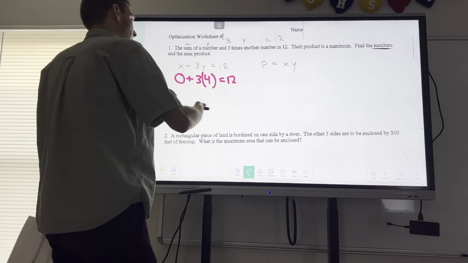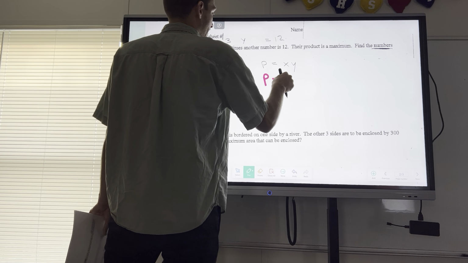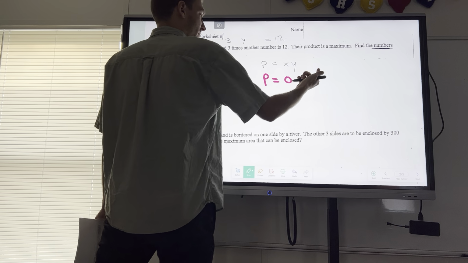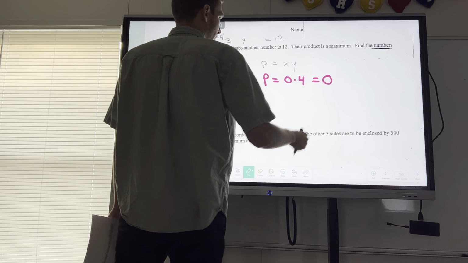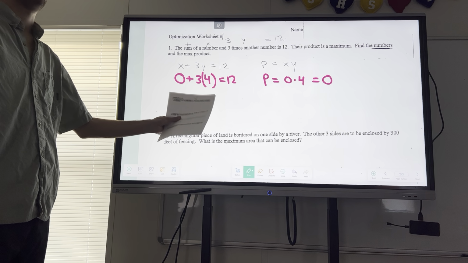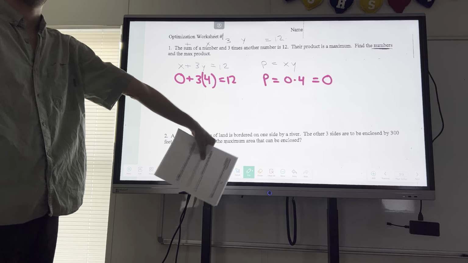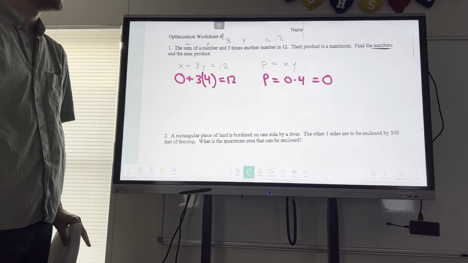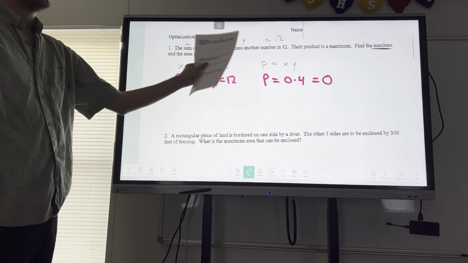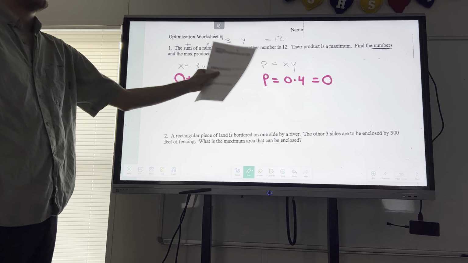If I use those same numbers over here, the product would be 0 times 4, and that would be 0. And so 0 and 4 work fine over here, and they work fine over there, but that's definitely not a maximum. So what we're trying to do is come up with the two numbers that can make this true and this as big as possible.